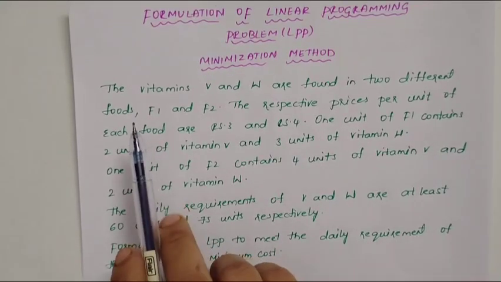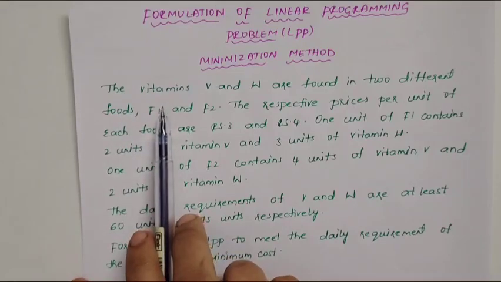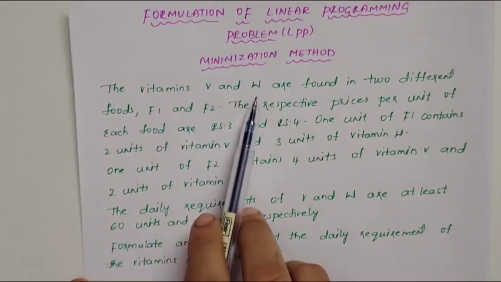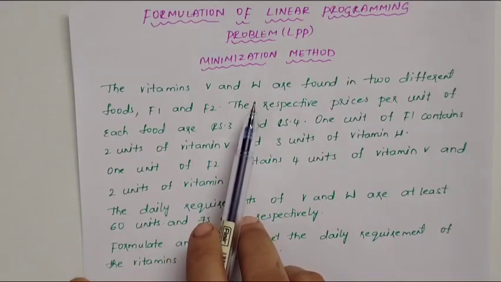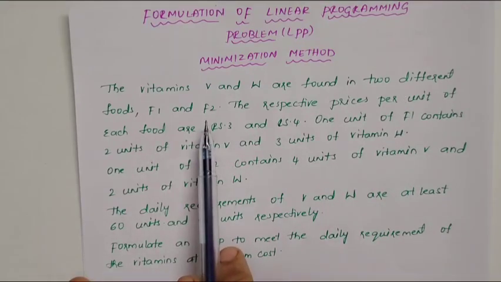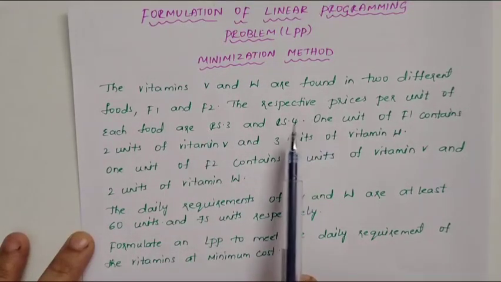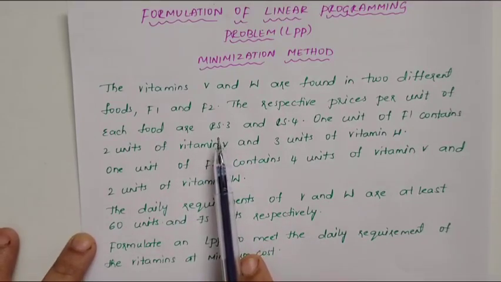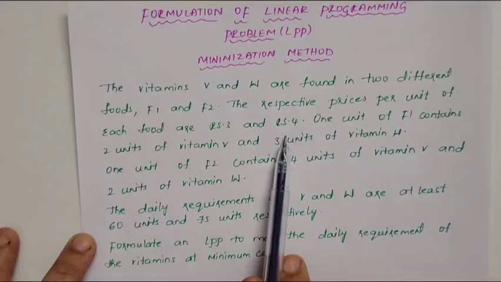Here in the question, they have given two essential vitamins, vitamin V and vitamin W. These two vitamins are available from two different foods, F1 and F2. The cost of 1 unit of F1 is rupees 3 and the cost of 1 unit of F2 is rupees 4.